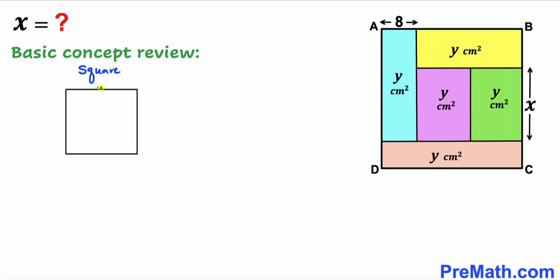All these side lengths of the square are congruent, and moreover, all of these interior angles are 90 degrees each. Then the area of this square is going to be equal to s squared, where s is the side length of the square, and we can see the side length is same across the board.